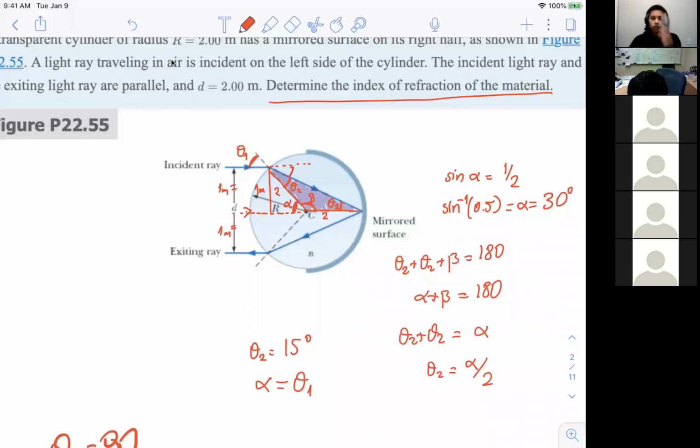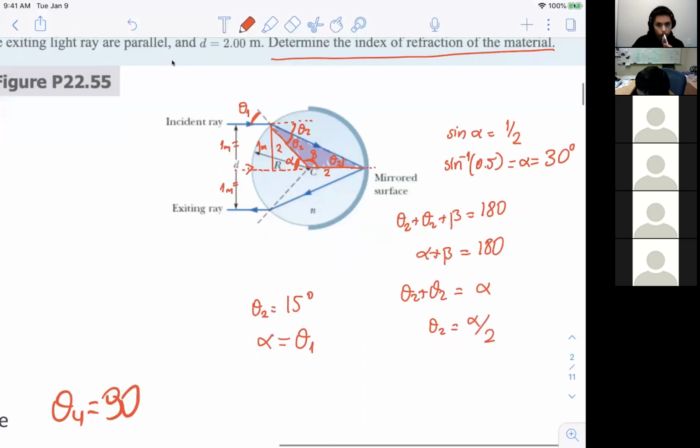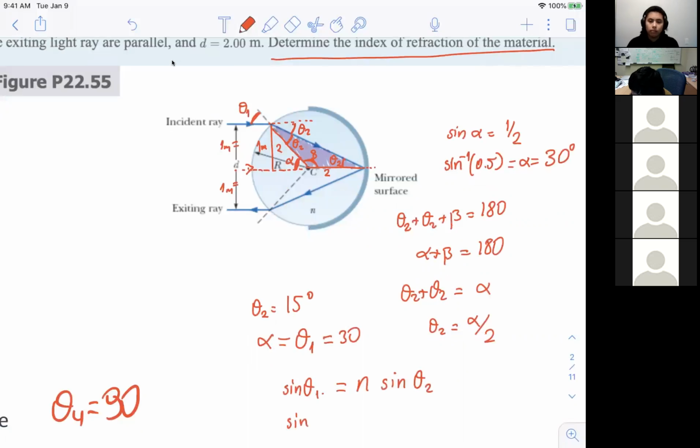So this is going to be 30 degrees. Then you know Snell's law: sine theta 1 times 1, because 1 is the index of refraction of the air, equals n times sine theta 2. So when you plug it in, sine 30 equals n times sine 15.